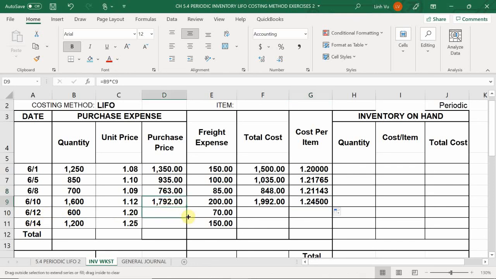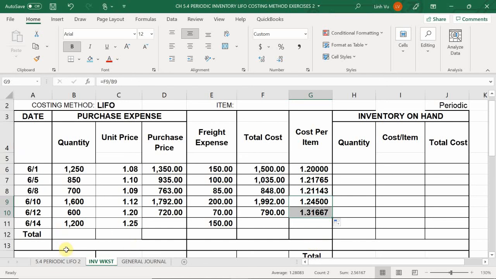So what's my total purchase price here? $7.20 plus 70 gives me a total cost of $7.90, which brings my total cost per item to be $1.32. $1.3167. Okay.